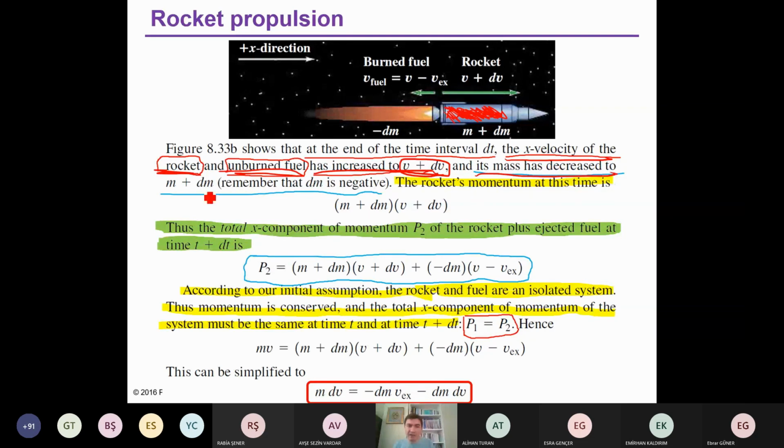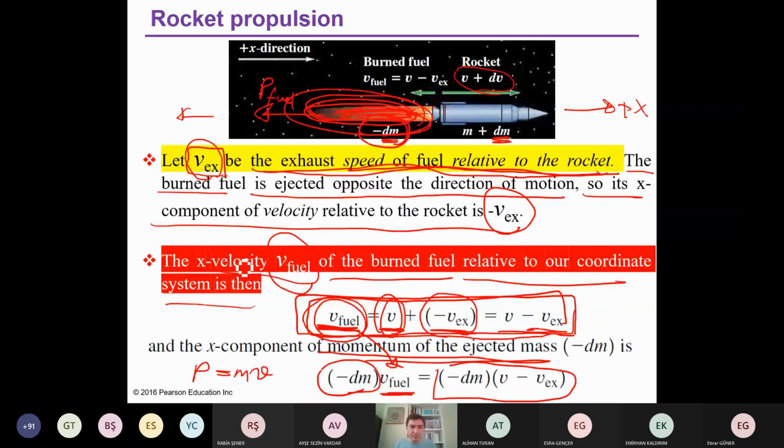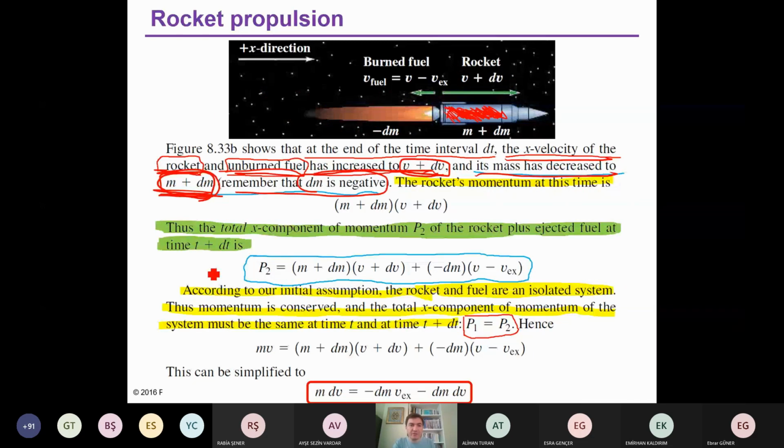Don't forget that dm is negative, so we have a decreased mass in total within the rocket. Here we have momentum, let's say P1 when the time is t, and here we have momentum P2 when the time is t plus dt, in the second case.